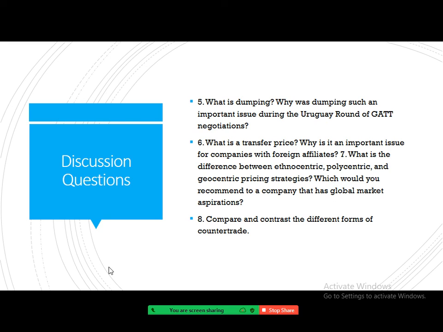What is dumping? Concept of dumping. Why was dumping such an important issue during the Uruguay round of GATT negotiation?